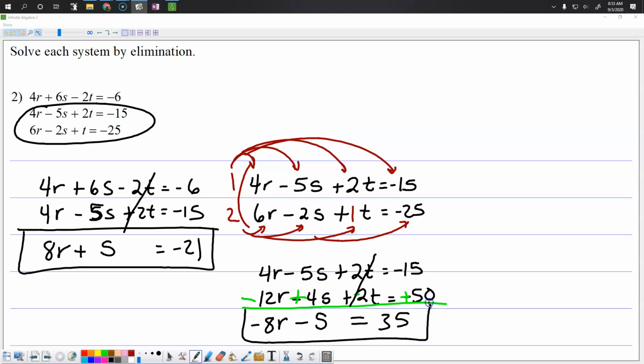Okay, so now I've got my two equations that have the same two variables in them, r and s. And so now I'm going to solve that two variable system. So now I'm on step 8.